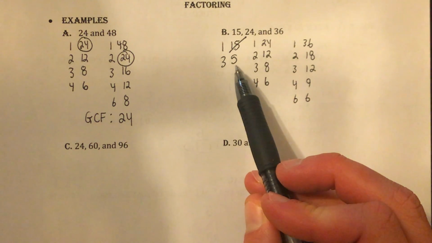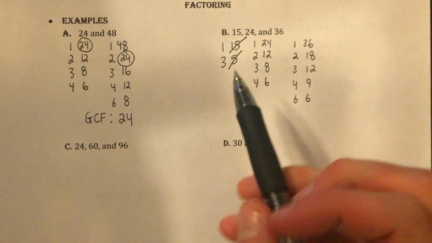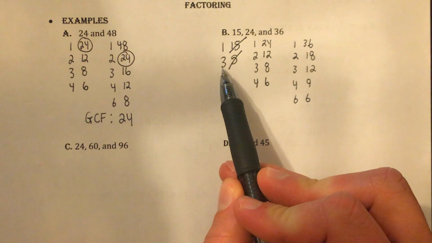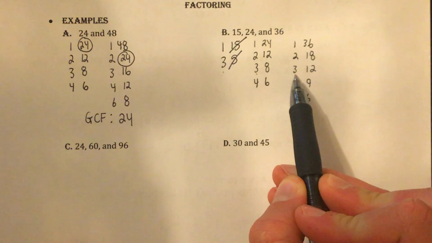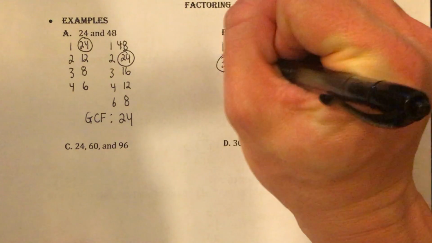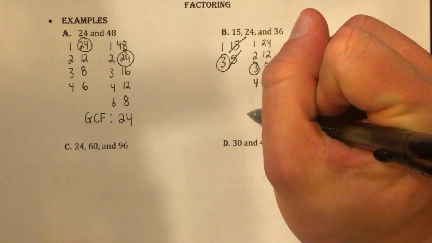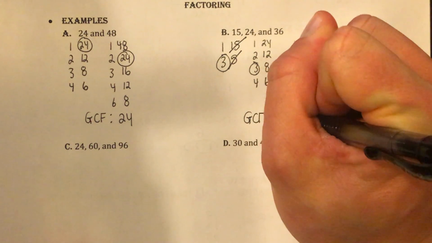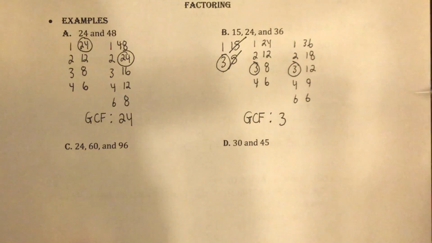Is 5 on all the lists? It's not on this list, so already know, not an option. So now I'm going to go on to 3. Is 3 on this list? It's on this one, it's on this one, and it's on this one. So right there is my greatest common factor. So greatest common factor of 15, 24, and 36 is 3.